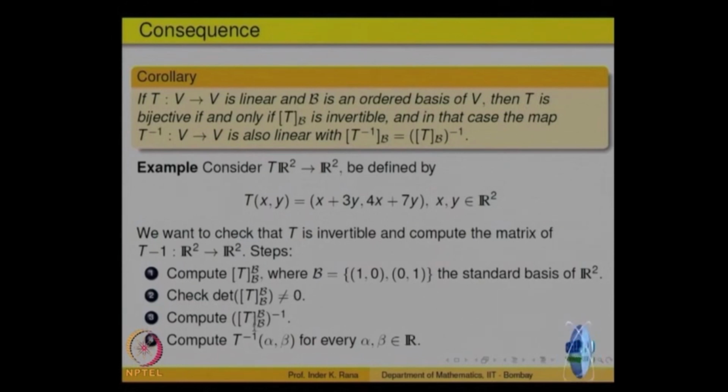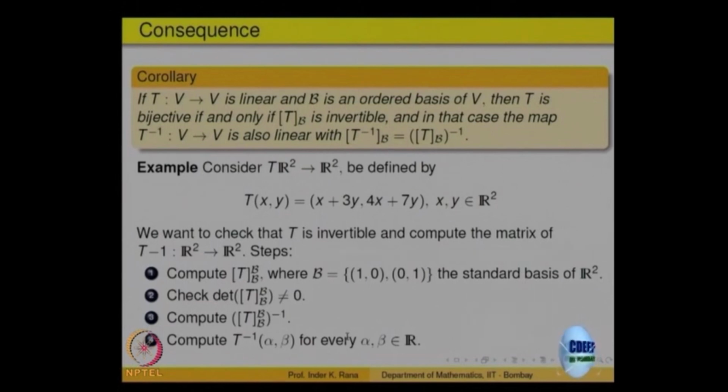If it is invertible, you can find the inverse of that matrix using our techniques, either the reduced row echelon form or the adjoint method, and then using that matrix you can write down the formula for T inverse of a vector by matrix multiplication, as we did last. So, this is about matrices and linear transformations.